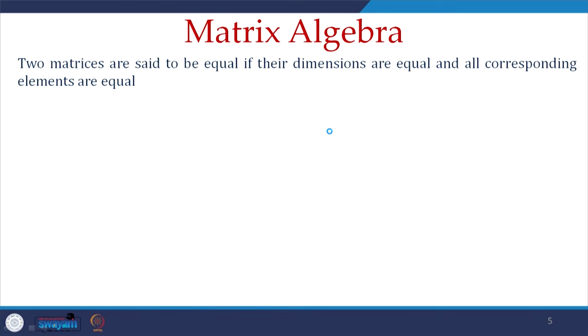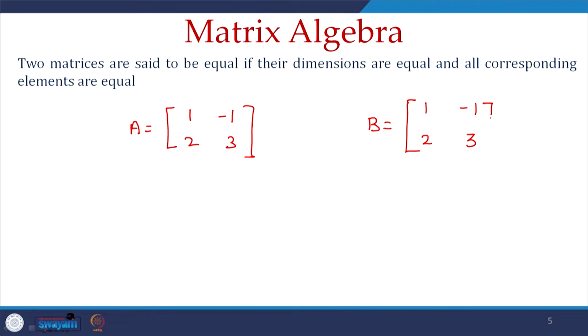Now come to some operations like addition, subtraction, and multiplication between matrices. Two matrices are said to be equal if their dimensions are equal and all corresponding elements are equal. For example, if I take a matrix A as 1, minus 1, 2, 3, and at the same time I take B, which is again 1, minus 1, 2 and 3.